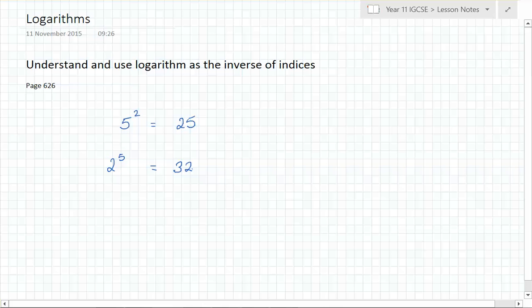Okay. Alright. Now, if I said to you, 2 to the power of x equals 32. Right. Now we know what the answer is, don't we? Because we've just done it. But with all maths, there's an inverse to a particular operation that helps you solve something.